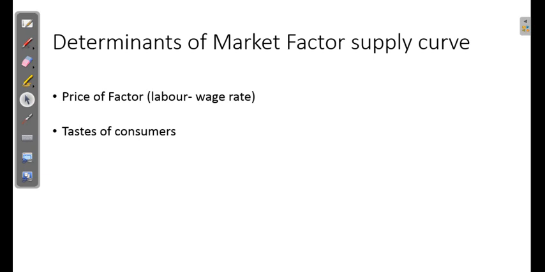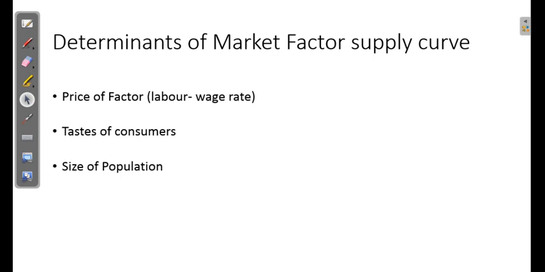Taste basically means your choice between work and leisure. If a person is a workaholic, they would want to work more and may not devote a lot of time to leisure, while there may be people who devote more time to leisure and less time to work. All these choices differ from person to person, and that affects the supply of labor. The third factor is the size of population.